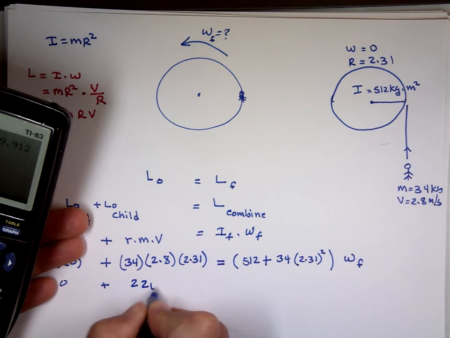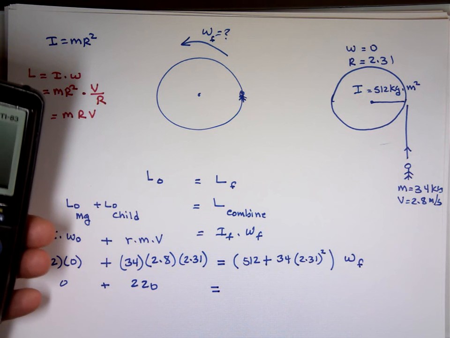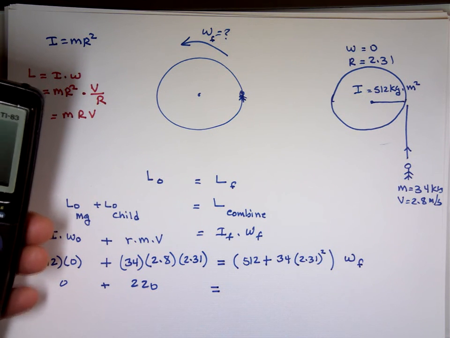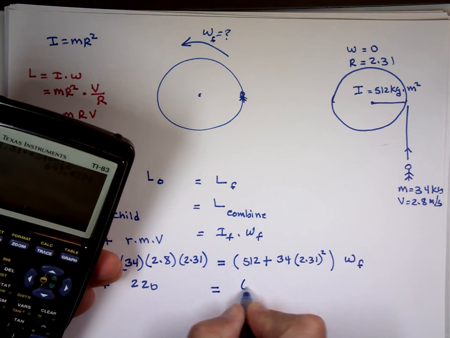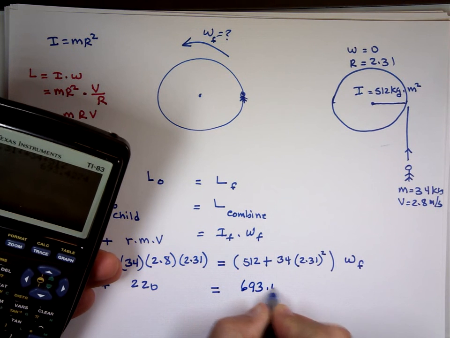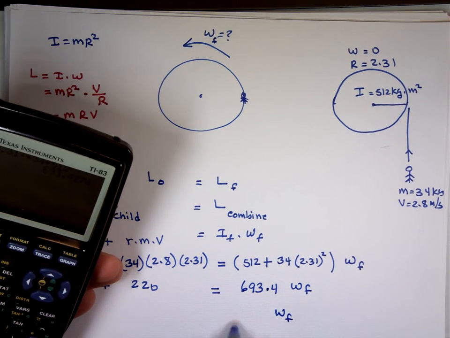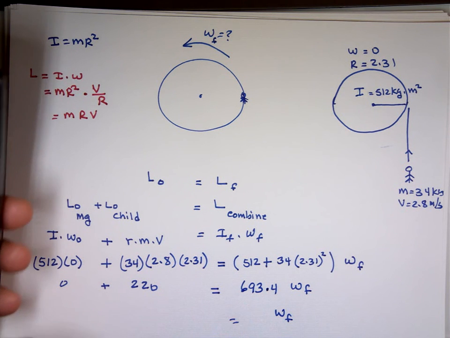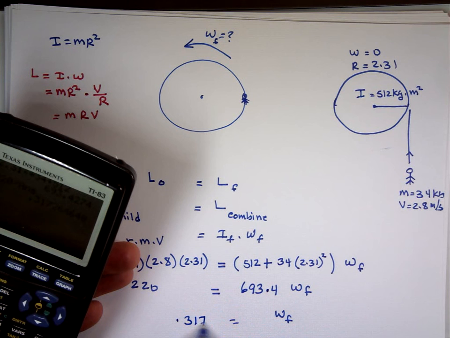Let's find what that number is. 2.31 squared times the 34 plus the 512. The inertia now is 693.4. What is Wf equal to? 220 divided by that number, which is 0.317 rad per second.